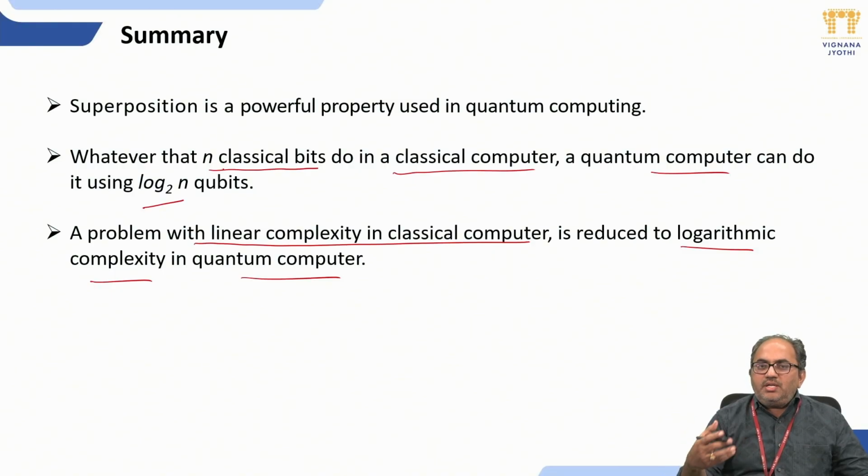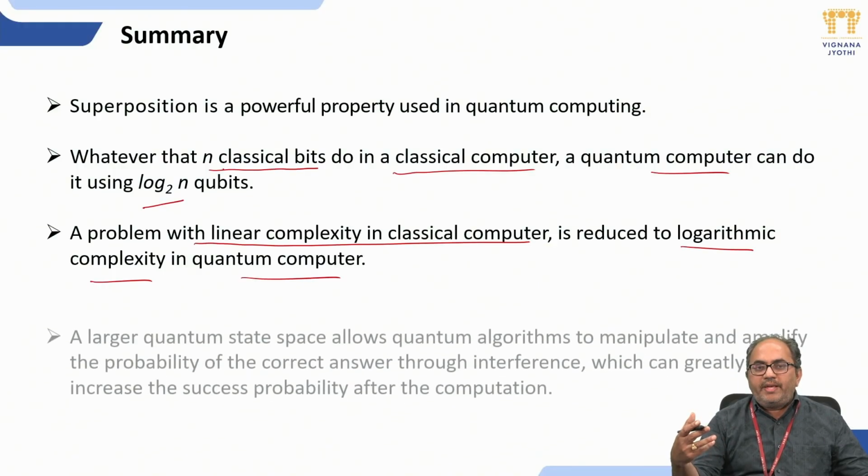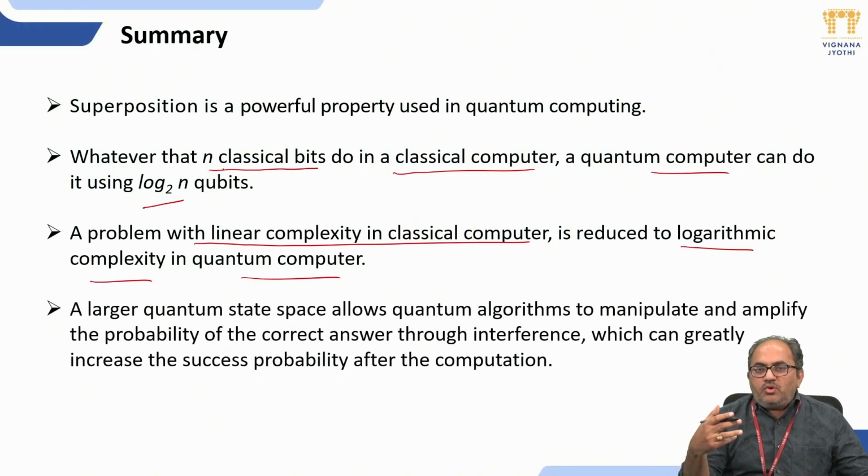So if a linear complexity problem is converted to logarithmic complexity, it is advantageous. You can quickly solve the problem. So this is the power of quantum computing. Also you are going to generate a large number of states. Your state space is increasing. The enhanced state space will allow you to find correct answers by using the right quantum algorithms.